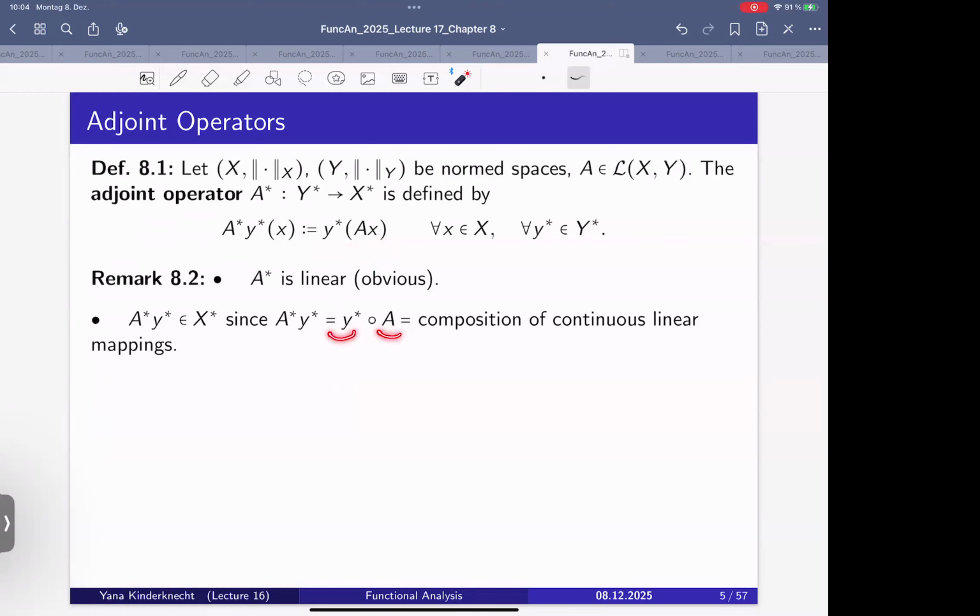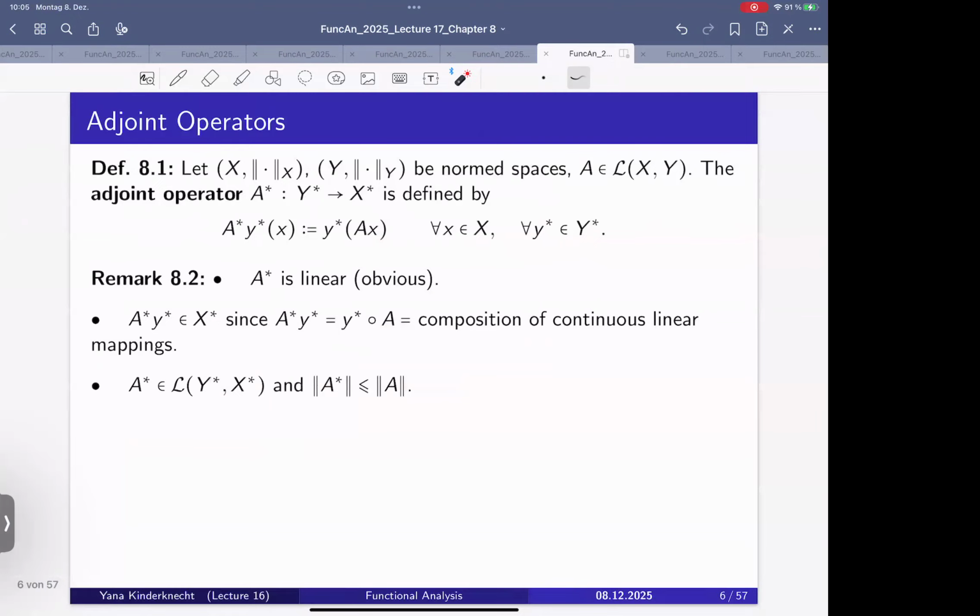Since A and Y star both are linear and continuous, their composition is again linear and continuous. Hence, we have this statement. Is it clear? Yes. Perfect. Well, then we go further.